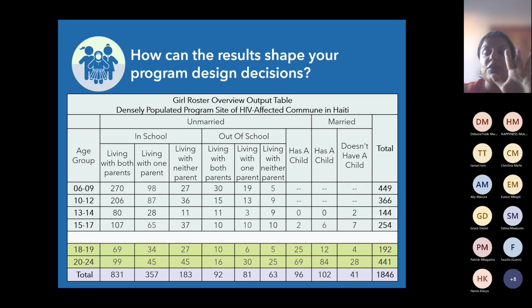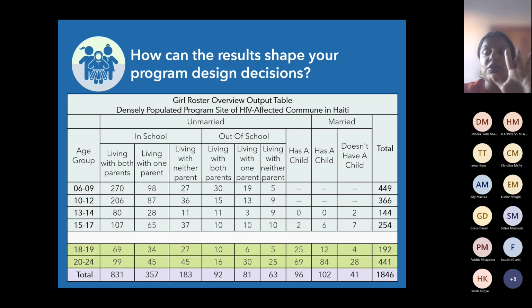And the reason that's important is because the shift from primary to secondary school is often where there's a lot of dropout, there's a lot of more exposure to different risk factors, and so on. And so we want to keep the 10 to 12-year-old information separate from 13 to 14 information so we can see, is that kind of shift happening? Okay? So that's what this table tells you.